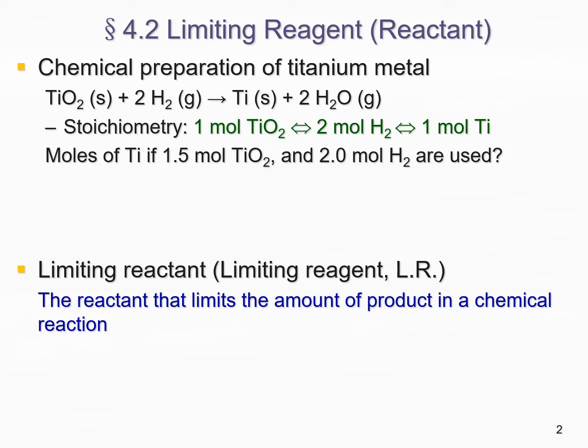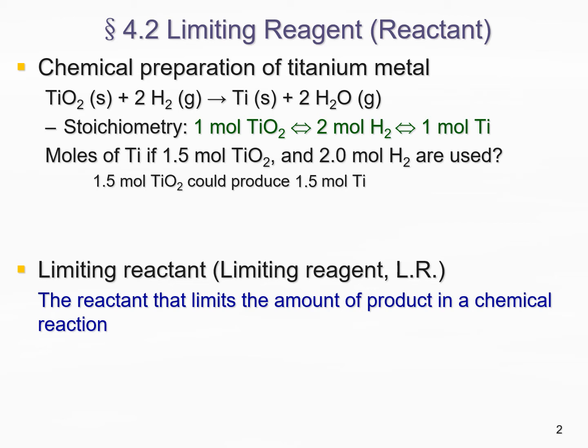Both are reactants. Since 1 mole of titanium(IV) oxide can make 1 mole of titanium, 1.5 moles of titanium(IV) oxide could, and I say could because I'm not sure yet, make 1.5 moles of titanium, because it's a 1-to-1 ratio.